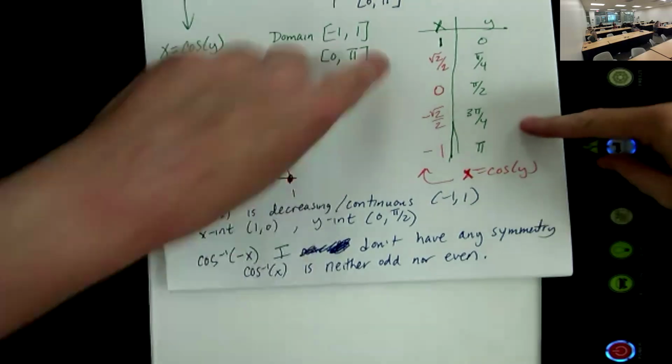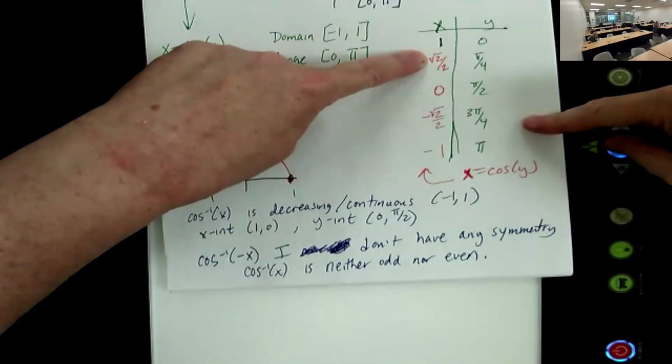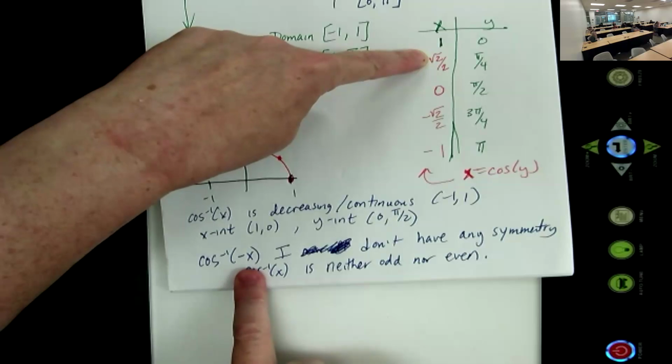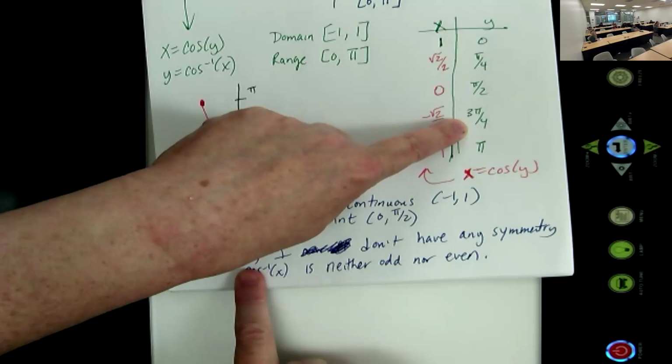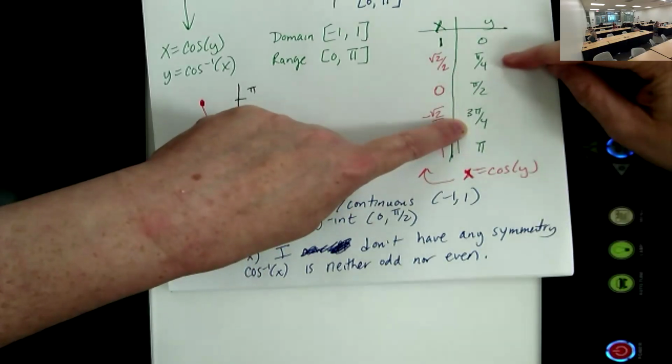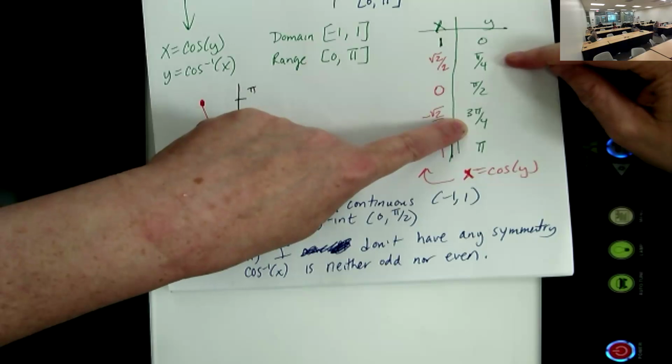Like if I stick in square root of 2 over 2, or negative, and I make it negative, I'm getting 3 pi/4. If it's odd, it would be the same as this but with a negative sign, and if it's even, it would have the exact same sign.